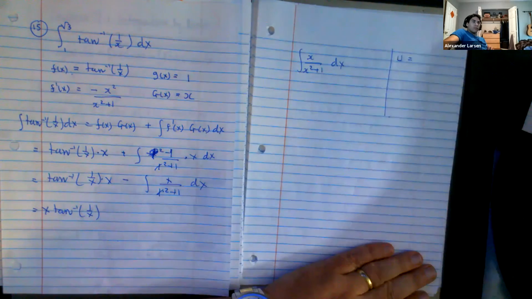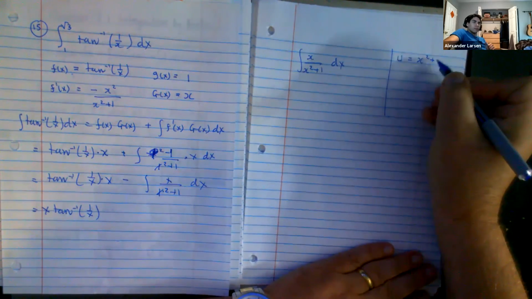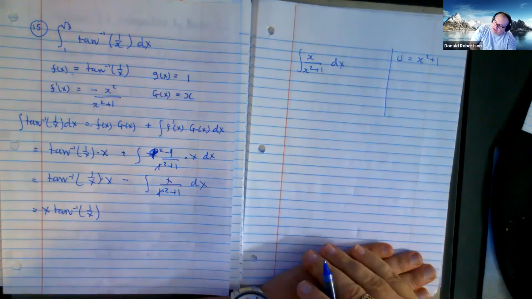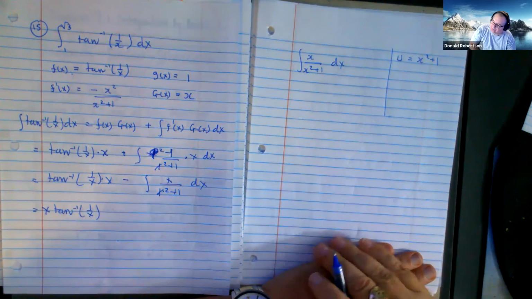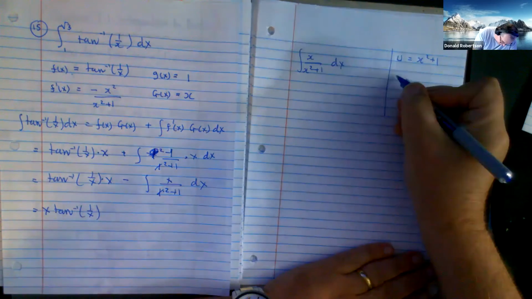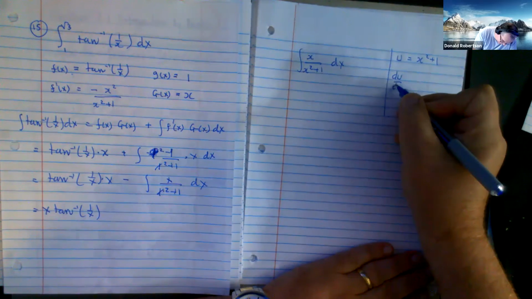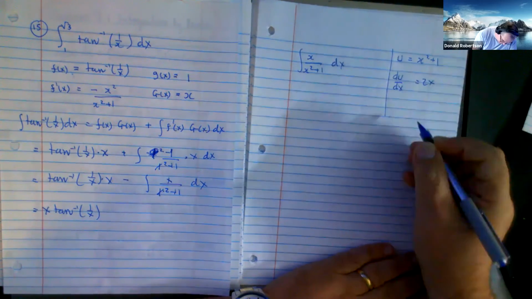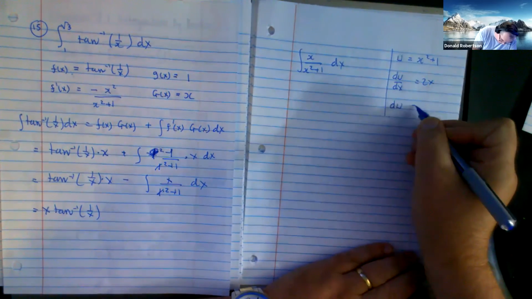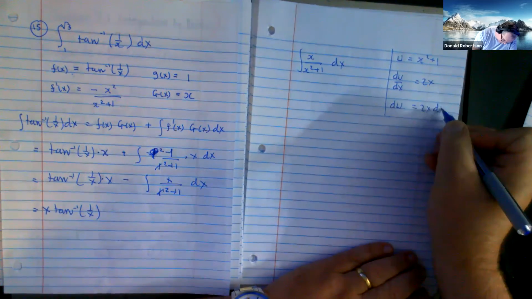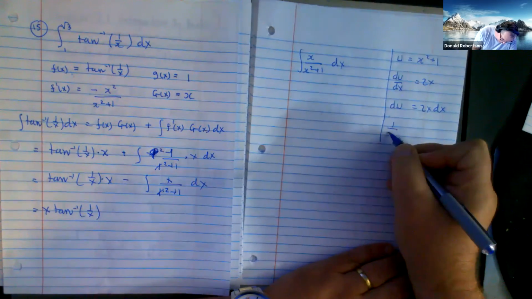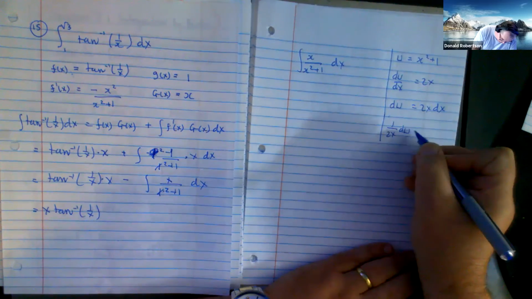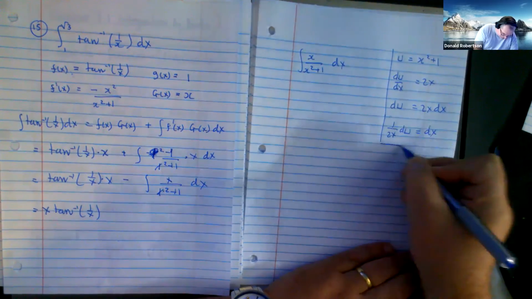X squared plus 1. Hey, it's just the second question today where we ended up with a u sub, didn't we? So if you differentiate with respect to x, you get 2x. And you do the crossover. It's actually very like the last one. And then you divide both sides by 2x to isolate the x.